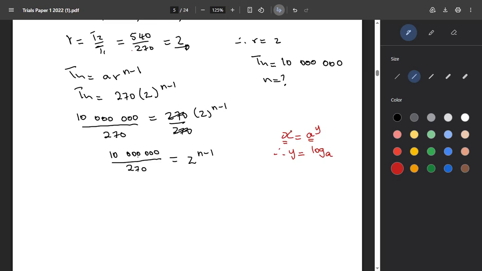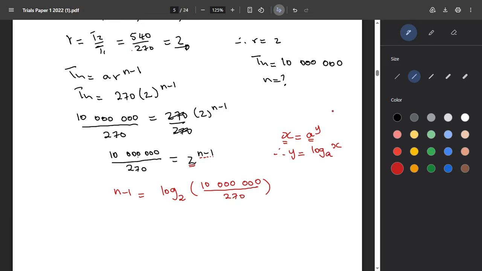The one that was the subject of the formula, this is where you're going to write it. So what I'm trying to say, we can put this exponent as the subject of the formula, equate this to the log. What was the base there? It was 2. So 2 comes here. The subject of the formula was that 10 million divided by the 270.